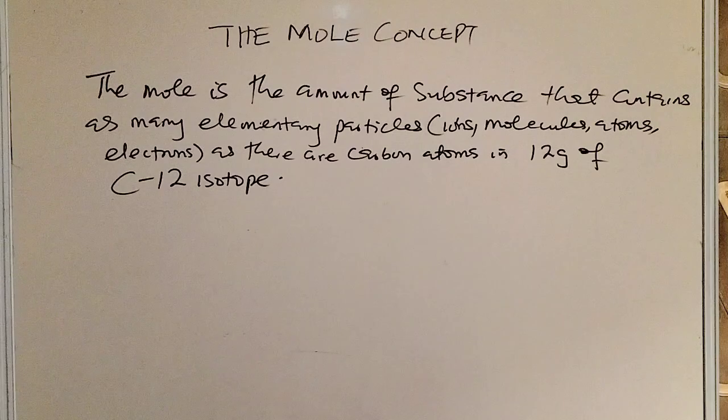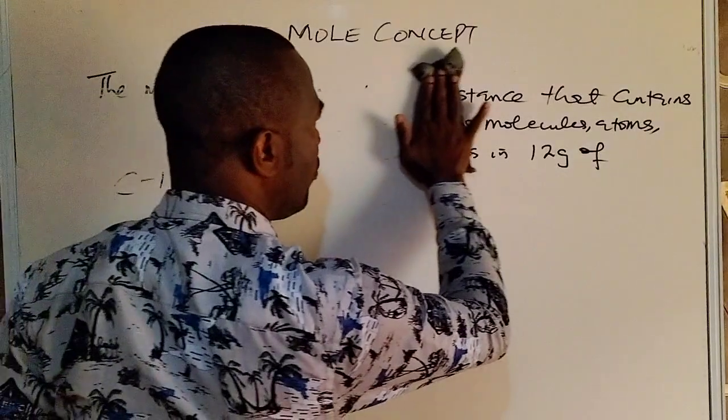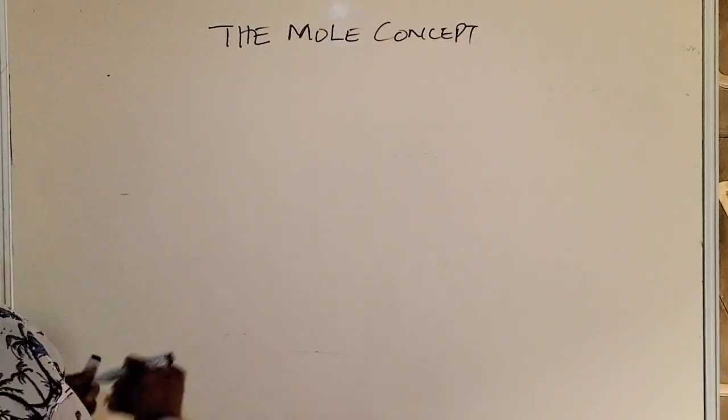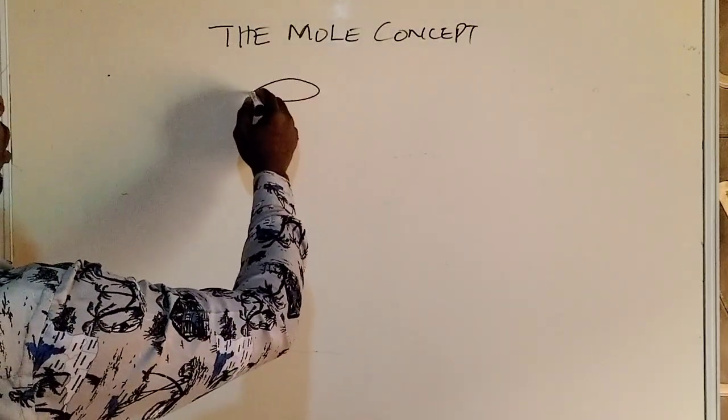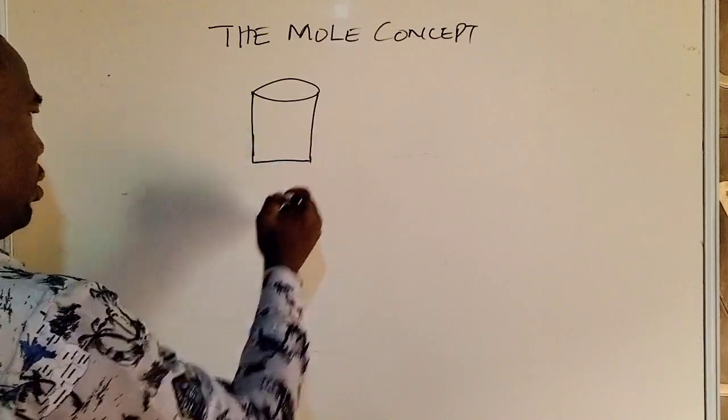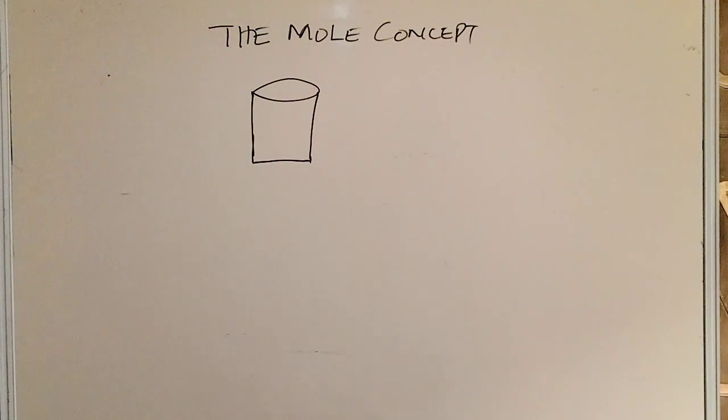So let's try to explain this a little. Let's assume that we have a cup used for measuring rice. As I said in a previous illustration, the market woman can use a cup for measuring rice.